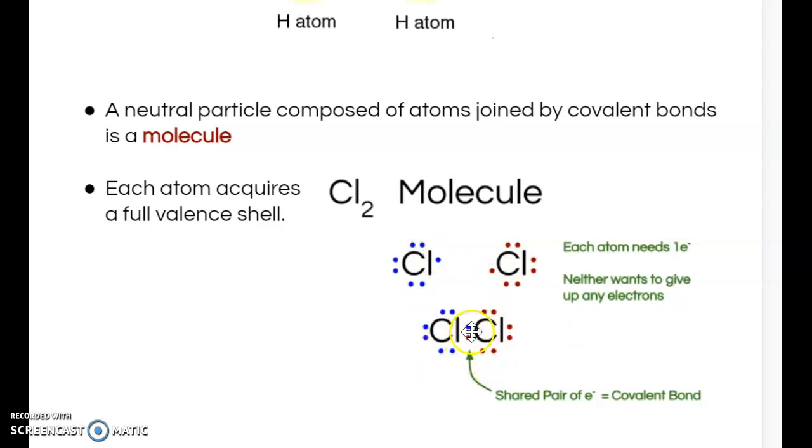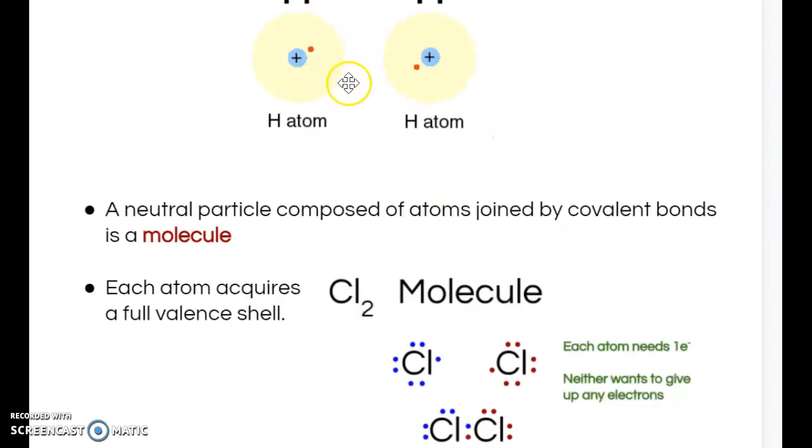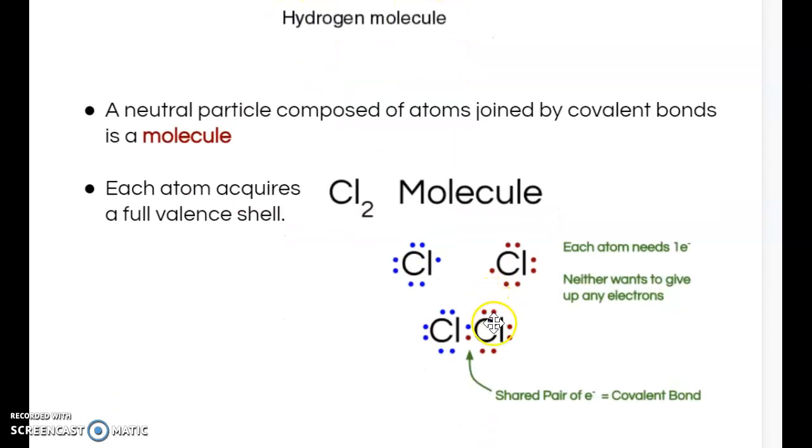It's the sharing of one electron for each chlorine to fulfill that valence shell. Just like I demonstrated with hydrogen, chlorine has one electron that it needs to gain. So instead of one chlorine taking that electron and now we have another chlorine that's missing an electron, what happens is they share one electron.